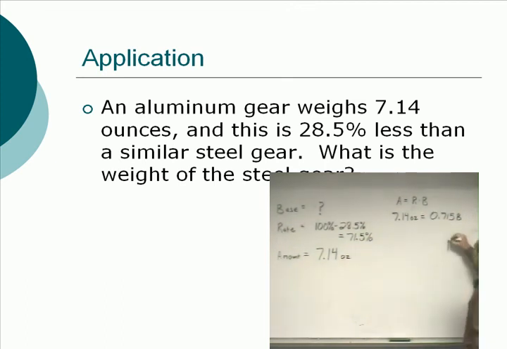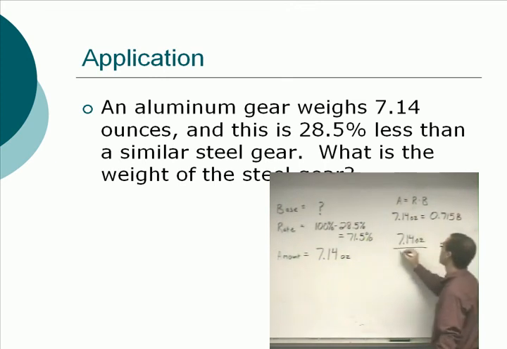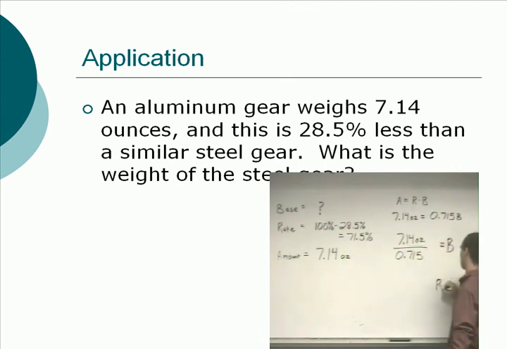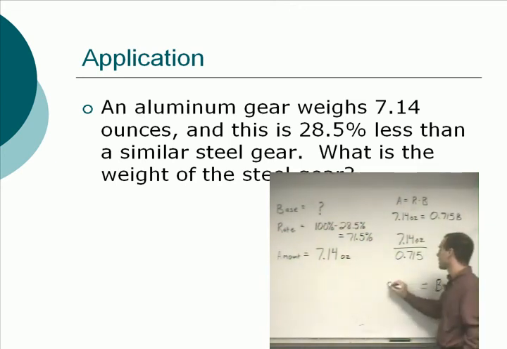And so our base must be equal to 7.14 ounces divided by 0.715. We can keep 3 sig digs, and so what do you come up with? 9.99 ounces.